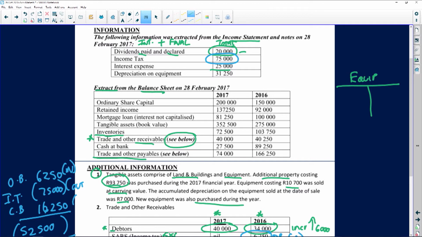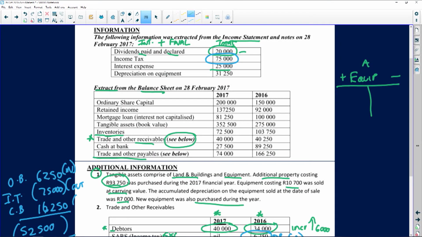for equipment. So obviously equipment is an asset, okay, increases on the debit side, decreases on the credit side. We all know that. Right, at the beginning of the year, now if I look at my equipment, as you can see in the balance sheet, I am given tangible assets, but I'm given tangible assets at book value, and they're not breaking this down for me.